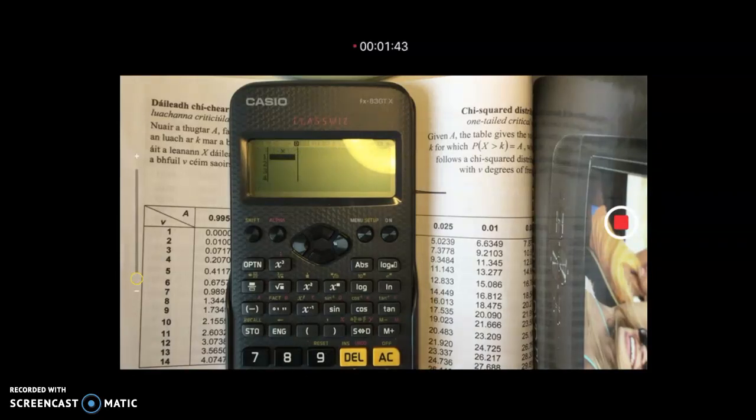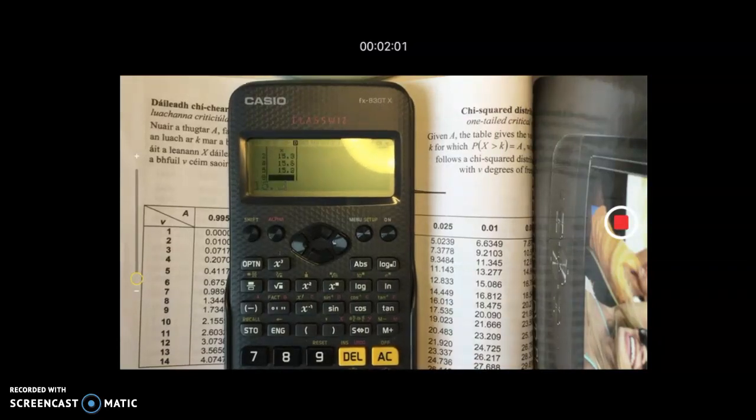Our first value is 14.7. Our next value is 14.8. Then we have 15.3. Next up 15.6, 15.2, 13.8, 13.3.